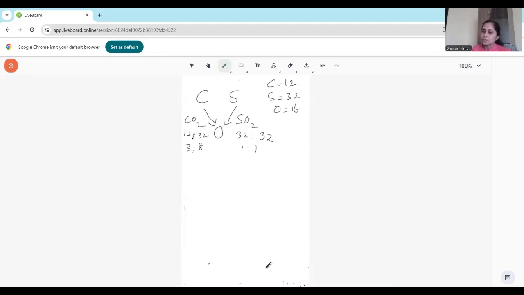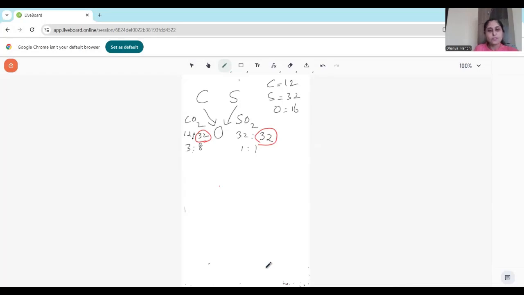Okay. Now, when two elements, carbon and sulfur are my two elements, that is combining with the fixed mass of oxygen. Just check. Is my oxygen mass fixed? Just see, I'm referring with another color.